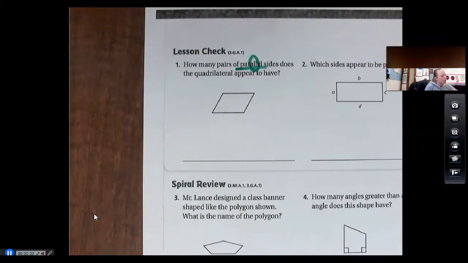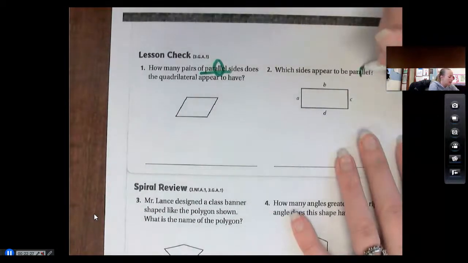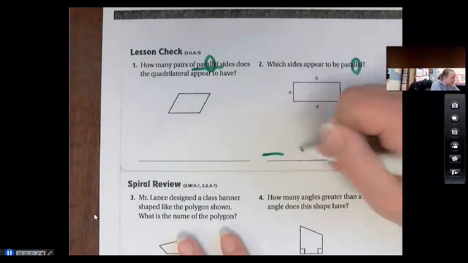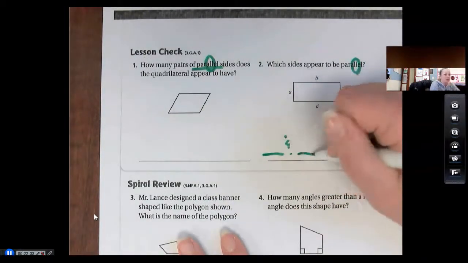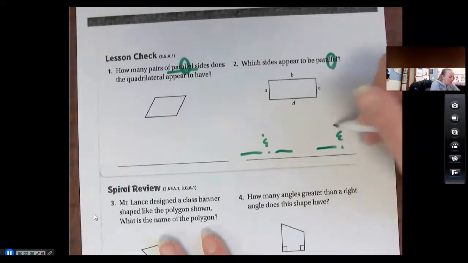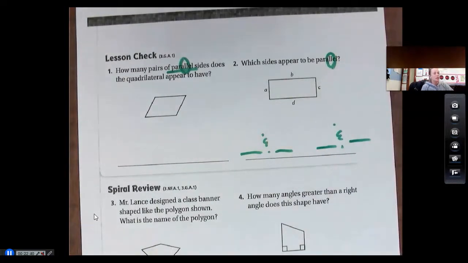Number 2, which sides appear to be parallel? Again, parallel lines will never ever cross. So blank and blank are together, and blank and blank are together. There are 2 sets. Please write which lines appear to be parallel.